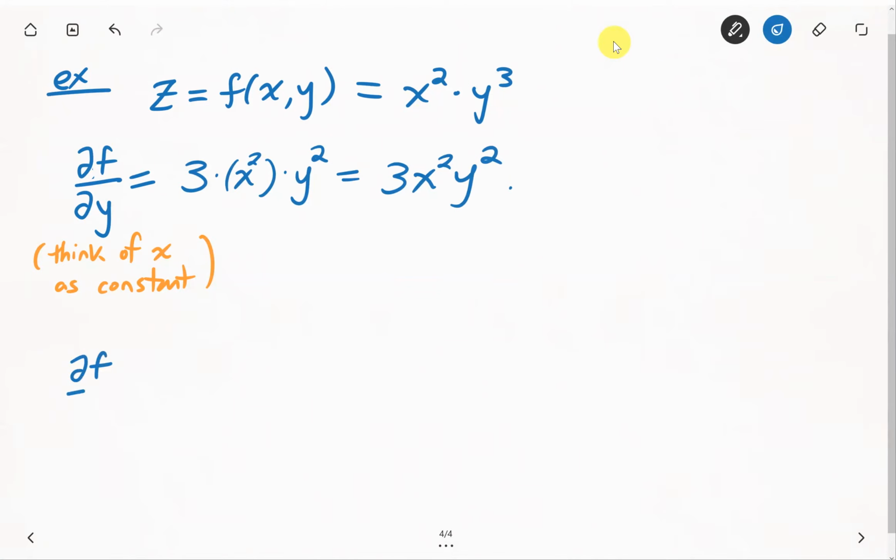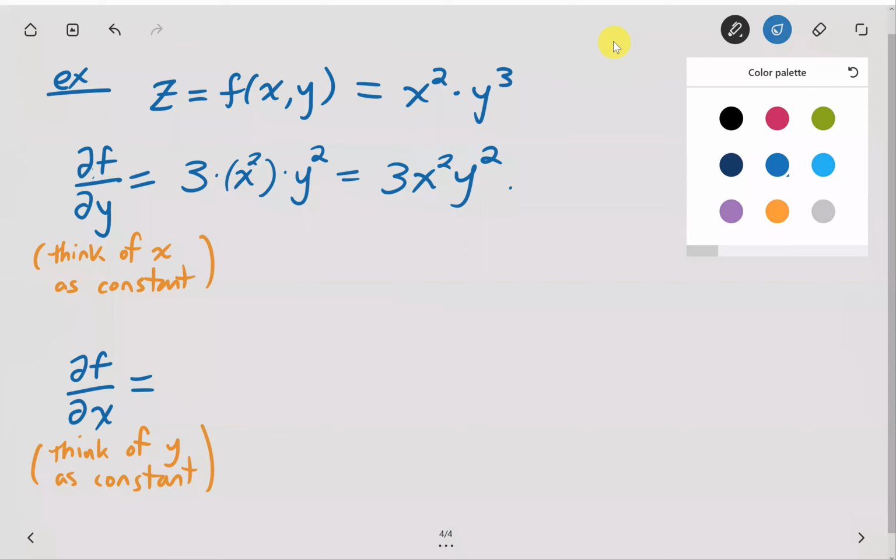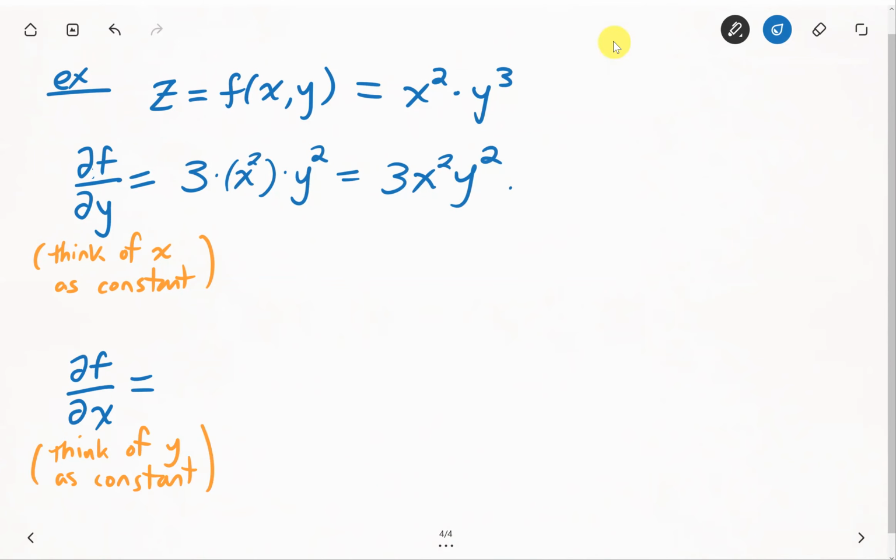Similarly, let's do the df dx. In this case, I'd like you to think of the letter y as representing a constant. In this case, it's x which is changing. And so here we have x squared times a constant.